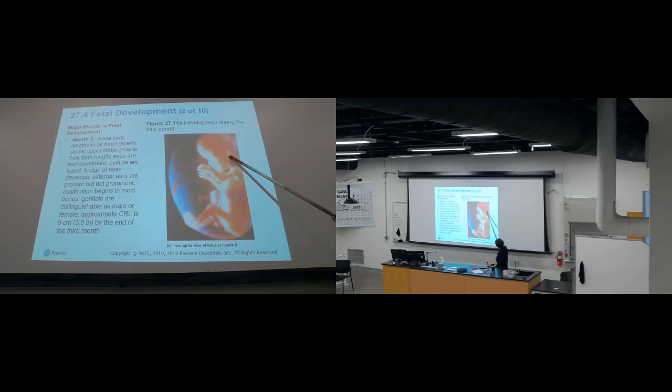And then you can clearly see the ears that are present, but they are not prominent. And then you start ossifying most of the bones that previously were made by cartilage, hyaline cartilage. And then the genitals are distinguishable as male or female, and approximately the crown to rump length is 9 centimeters by month 3, which is 3.5 inches.